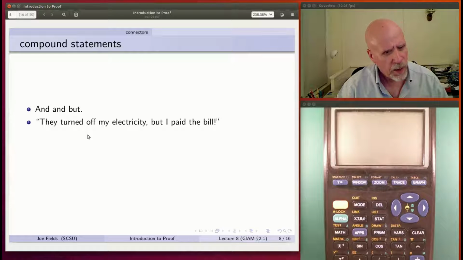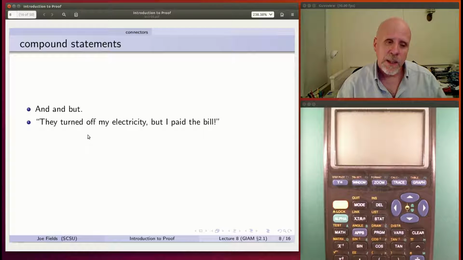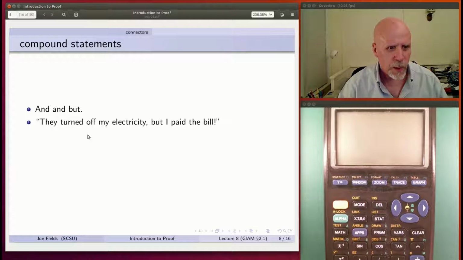And then in which case, why do they exist? Why do we have both an and a but? There's a connotation about it. The connotation with but is usually sort of surprise. You're saying, okay, they turned off my electricity and I paid the bill, but doesn't sort of put out the amount of anger you're feeling at the electric company for turning you off even though you paid.